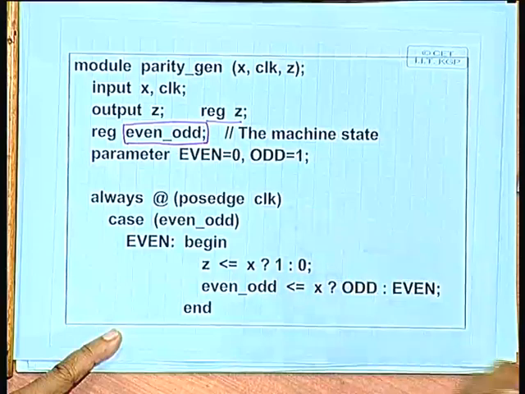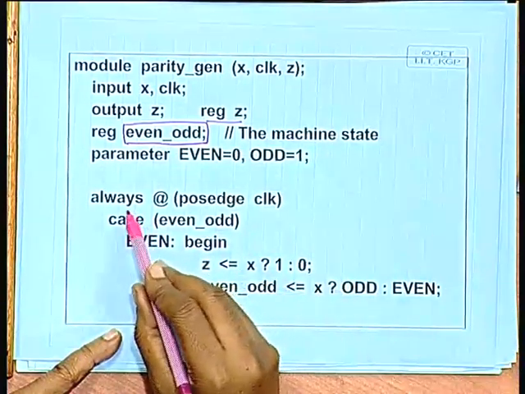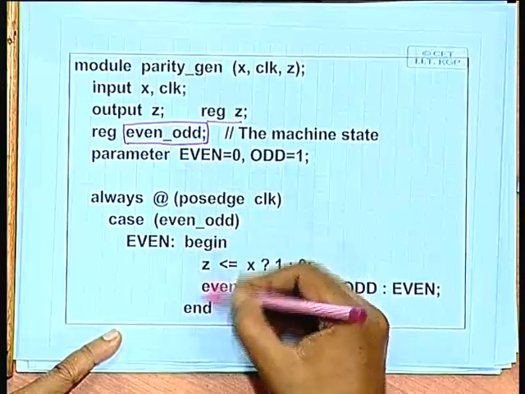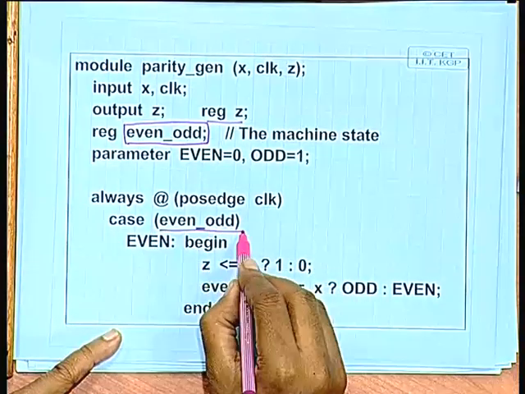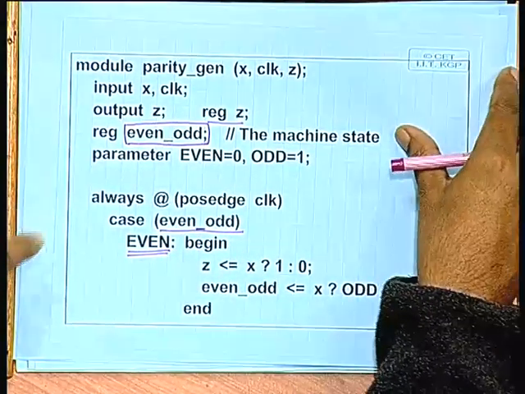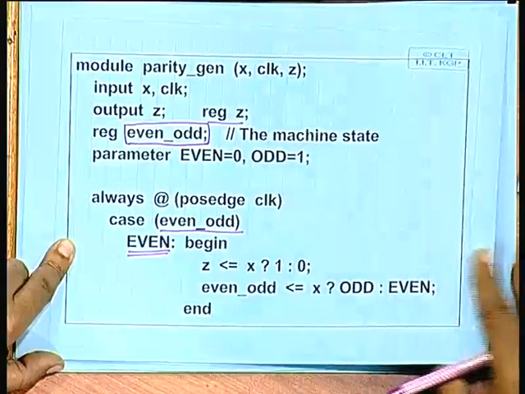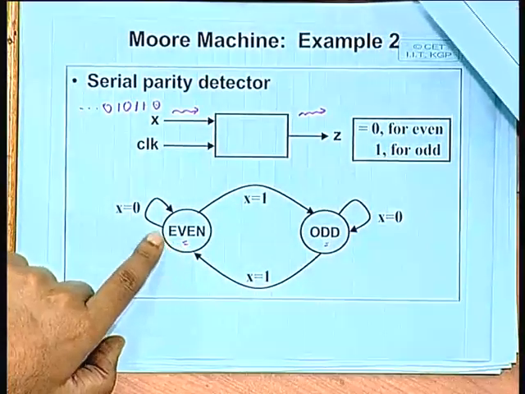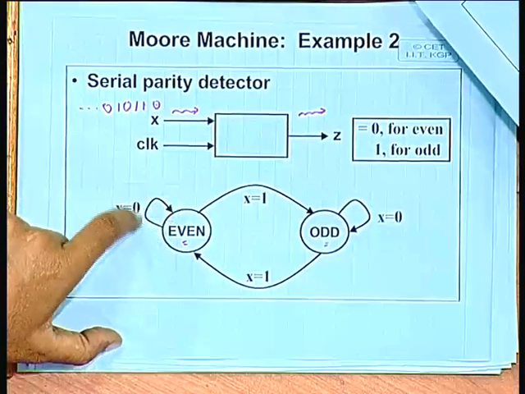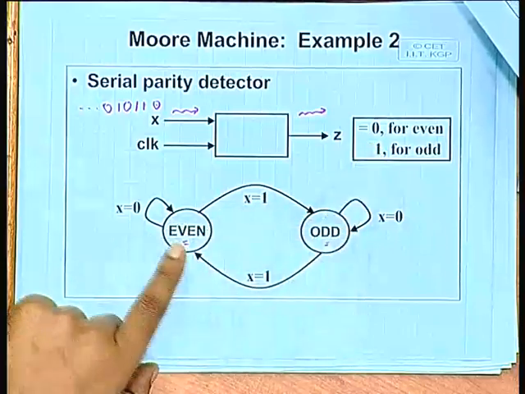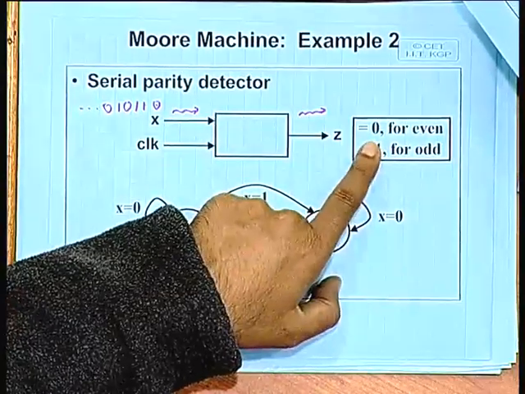Now, let us see what we do. Always whenever there is a clock, we are checking the state and doing accordingly, case even_odd. If this state is even, then you again come back to the previous diagram. If this state is even, then if the input 0 comes, we will remain in the same state and also the output will be 0, because even means output is 0.